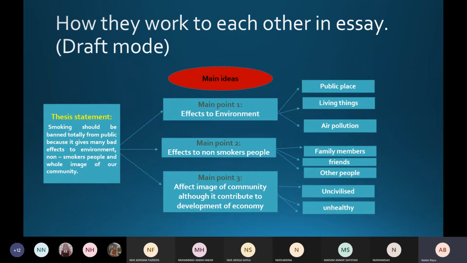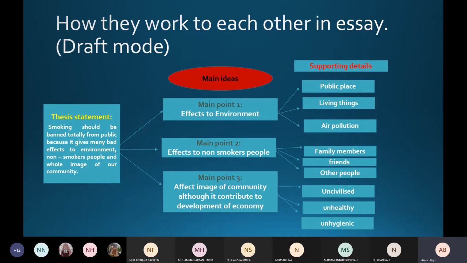Community you akan dianggap sebagai unhealthy and also unhygienic, mean pengotor lah. So uncivilized, unhealthy, and unhygienic. The image will be viewed as that, very negative. Okay, so I dah ada main ideas and I dah ada supporting detail. So ini adalah cara untuk you kembangkan you punya idea. This is actually a mind map.